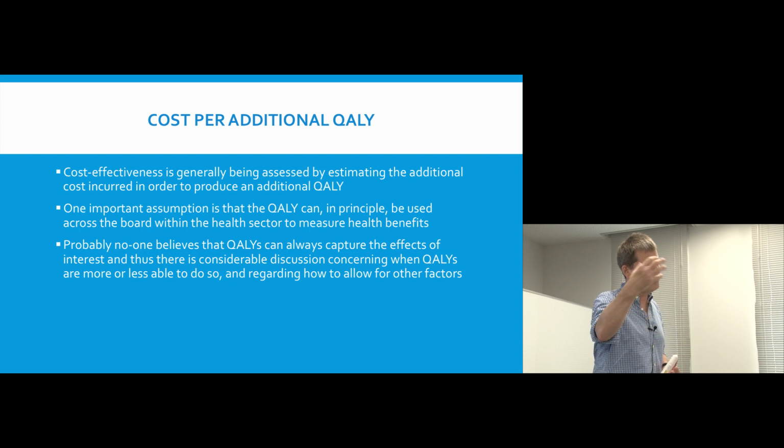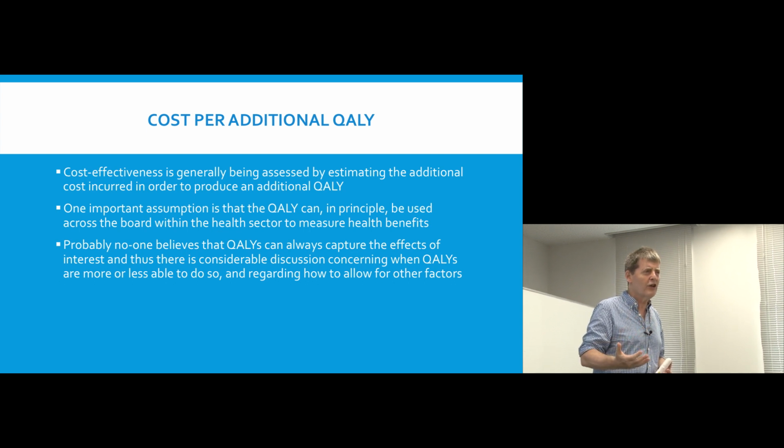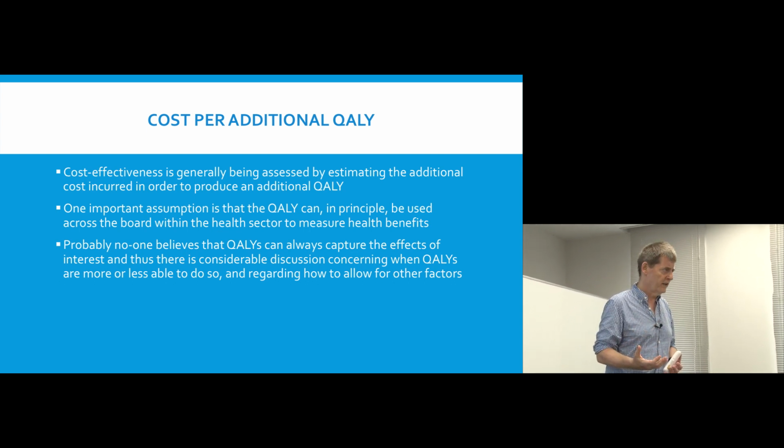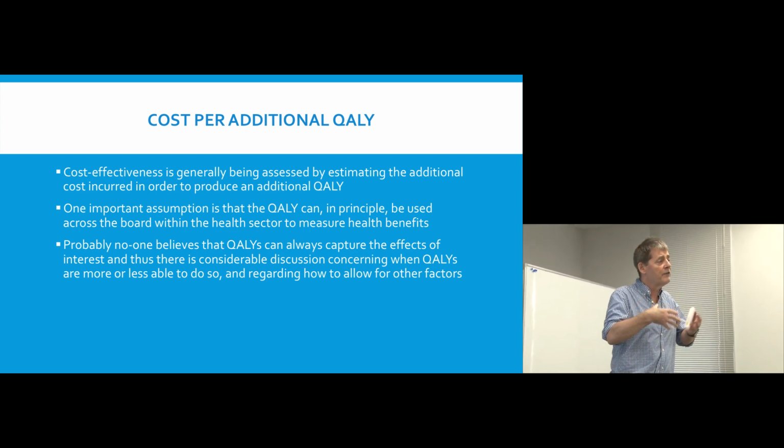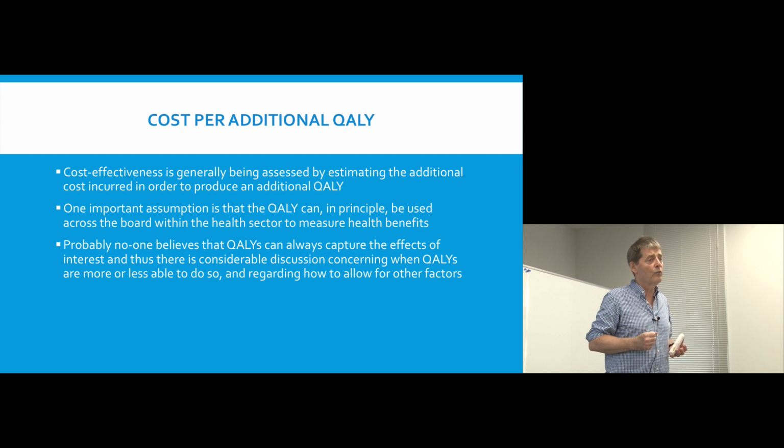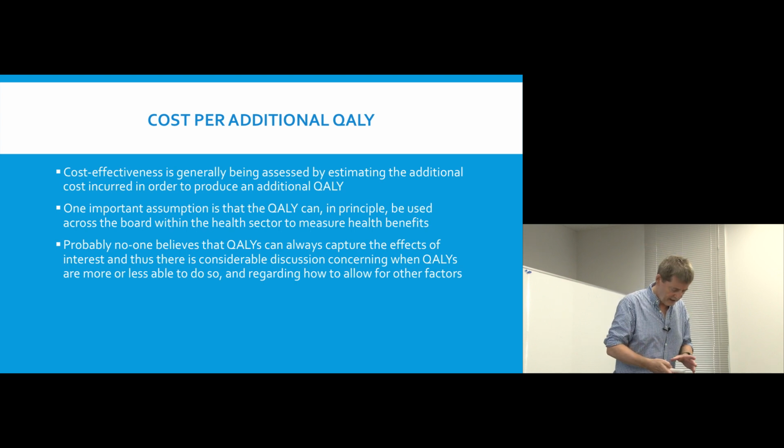So the cost per QALY gained is an important aspect of most decisions, but it's surely not our only concern. And so the issue arises, how should we take into account the other factors that we want to influence our decision? And I'll give some examples of that in the latter half of this lecture.